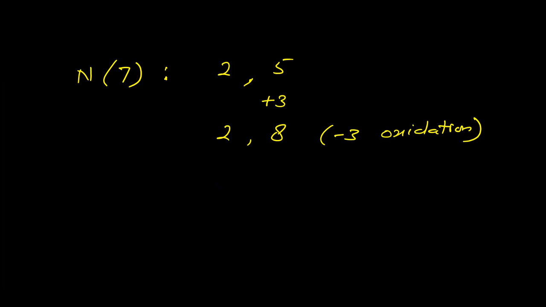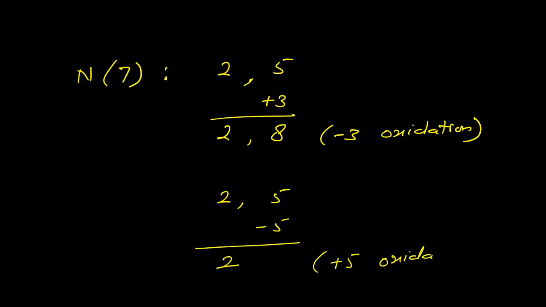Another possibility is that it loses these 5 electrons and gets only 2, that is duet in the first shell. It is losing 5 electrons, so plus 5 oxidation state. So minimum is minus 3, maximum is plus 5.